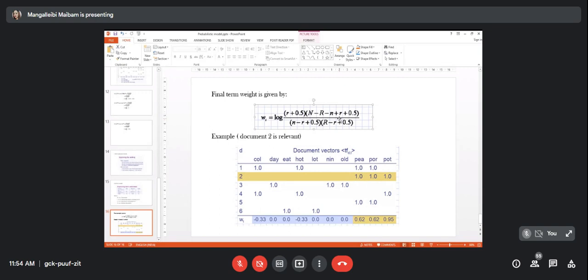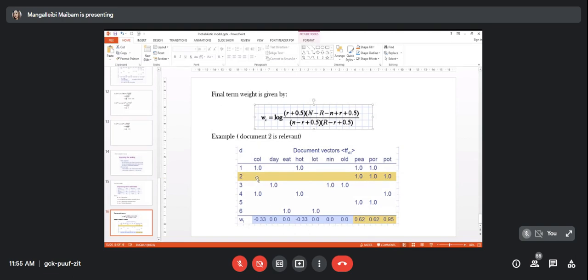And this capital N, as you know, is the number of documents, and small n is the frequency for that particular term in the document, and small r is the frequency for the relevant document. So here there will be conditions given like this. 2 is highlighted, right? So this means that document 2 is relevant. Like this, conditions will be given.